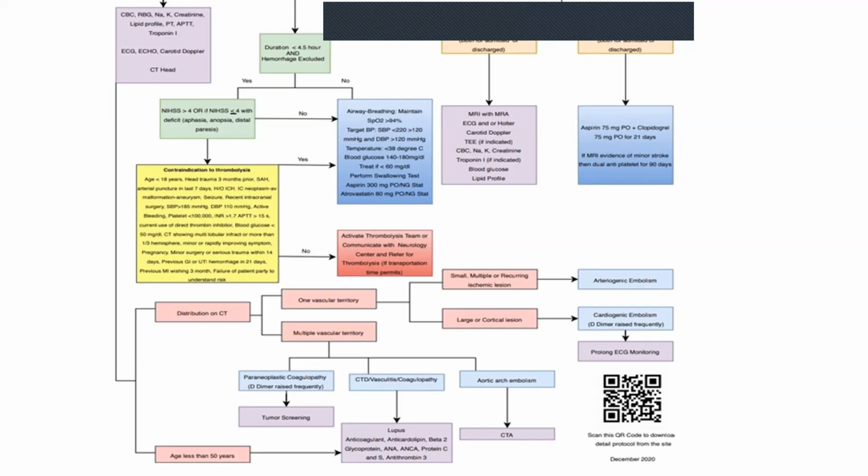If any is present, then we go for airway, breathing and airway management.